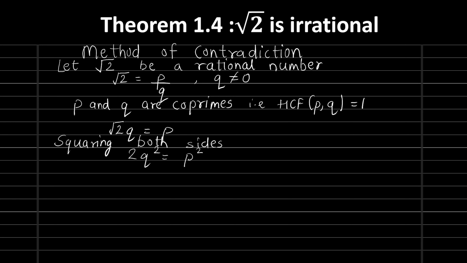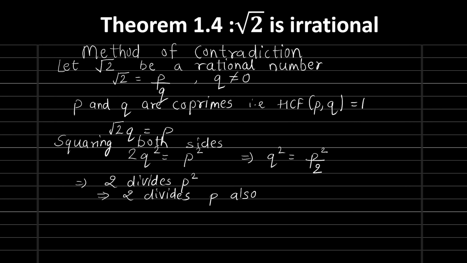So, according to this, what can we convey? We can write it in the form of q square equals p square upon 2, which means that 2 divides p square. Now, according to our previous theorem, Theorem 1.3, if 2 divides p square, we can conclude that 2 divides p also.